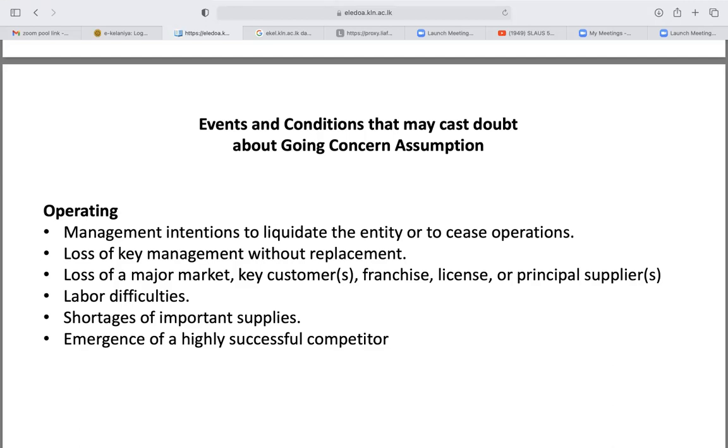For example, if Walmart comes into Sri Lanka to do business, what would happen to Keells supermarket and Cargills Food City, right? So all are withdrawn, because of the emergence of highly successful competitors.